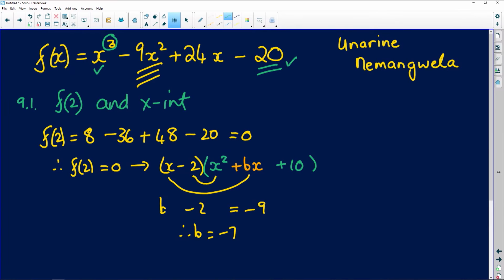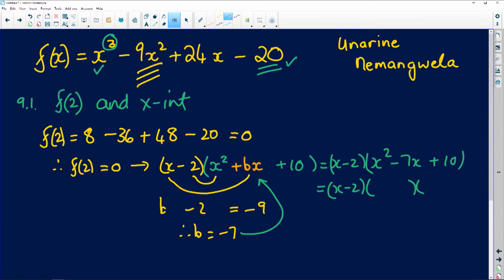Let's have a look. If I go back with this 7 in there, then I get x minus 2 multiplied by x squared minus 7x plus 10. And look at this. All that's necessary now is to factor the quadratic. I have 2 roots for that.